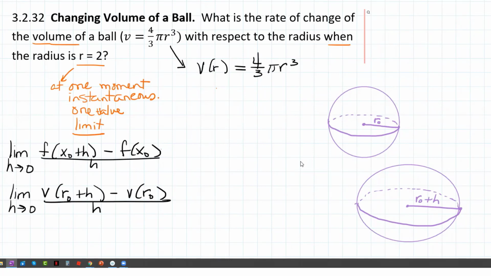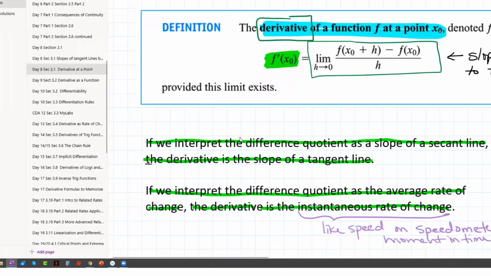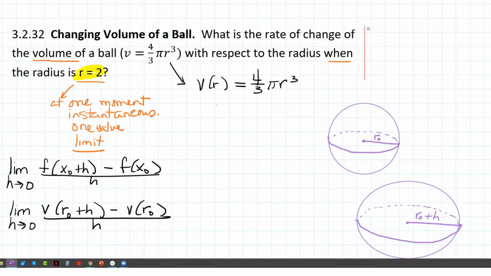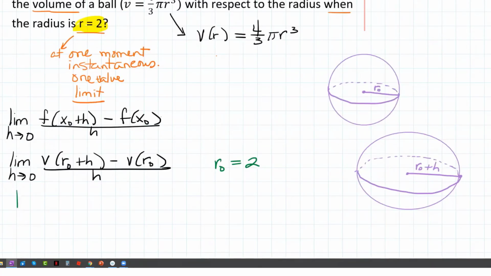Now, what is the r sub 0 in this case? 2, that's right. We want to know at that moment when the radius is 2, what exactly was the rate of change of the volume of the ball? So we're going to take the limit as h goes to 0 of v of 2 plus h minus v of 2 divided by h.